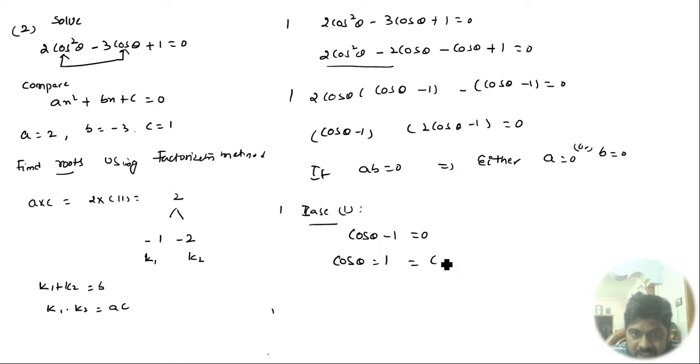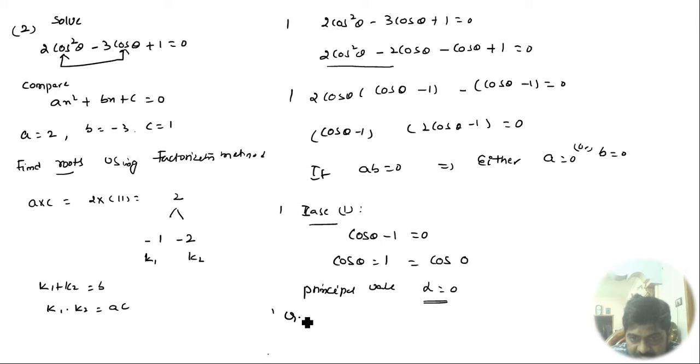When does cos become 1? Cos 0 degree, the value equal to 1, so therefore the principal value, that is alpha equal to 0 degree.